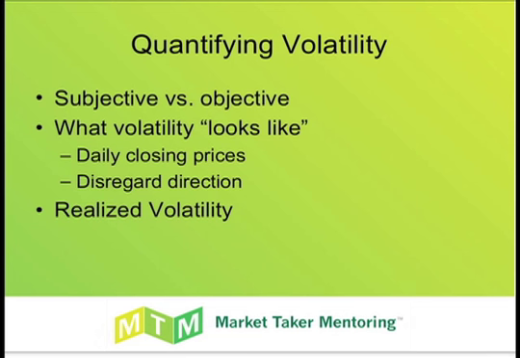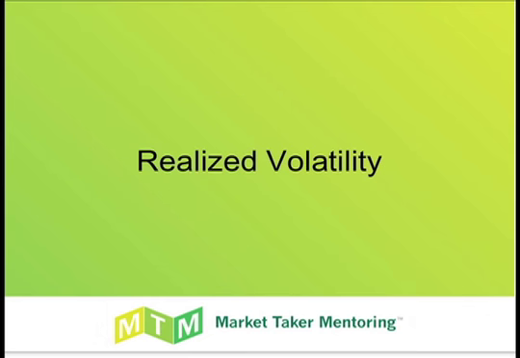So now basically, we've got an apples-to-apples figure that no matter how many days till expiration we're talking about, or what price the underlying asset is or anything, we can compare the volatility of one currency to that of another currency, or we can compare the volatility of a currency today to what the volatility of a currency used to be. Now this is objective information based on numbers that we can really make some smart comparisons with.